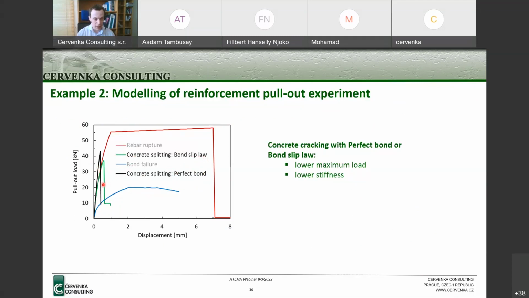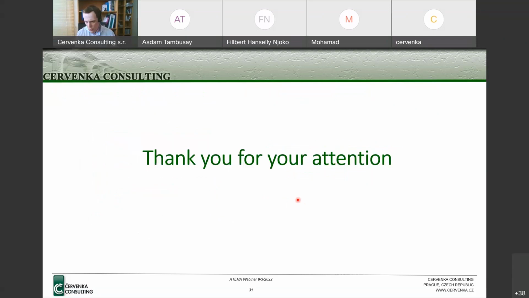If you apply bond in your model, you usually slightly reduce the peak load and reduce the stiffness of your model, because the additional degree of freedom, the slip along the reinforcement, adds some additional compliance in your model, which affects the stiffness. So with this, I would like to end this presentation.